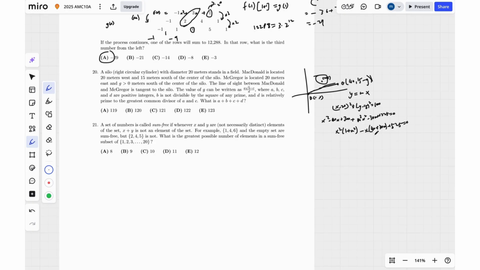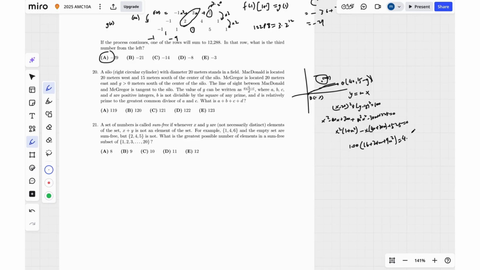So we have the discriminant, b squared, which is 100 times 16 plus 24m plus 9m squared, equals 4ac.